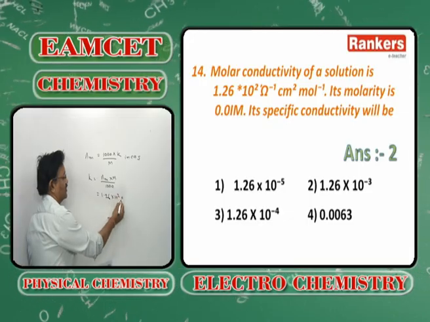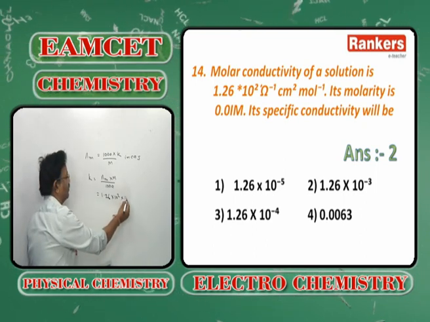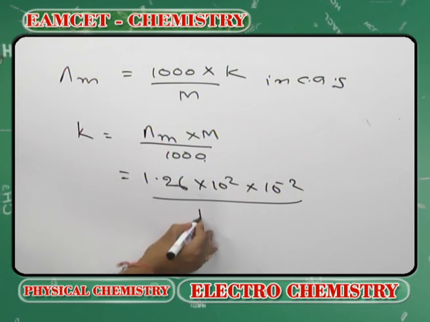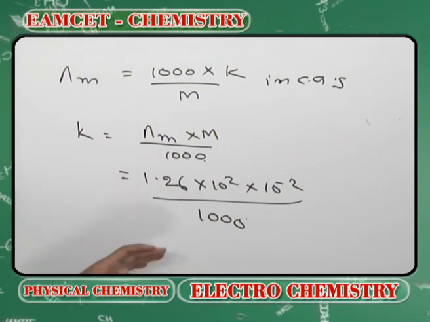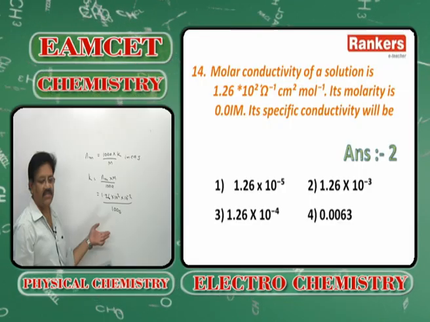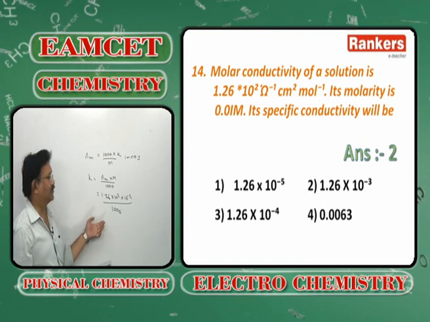What is the molarity? 10 to the power minus 2, by 1000. So the answer will be 1.26 into 10 to the power minus 3, option 2.